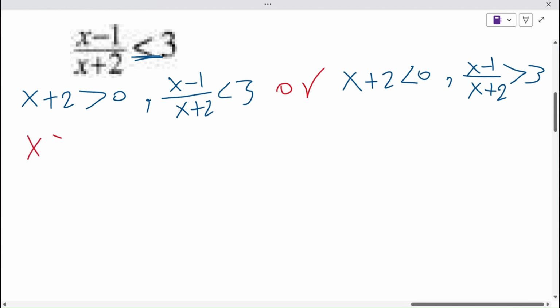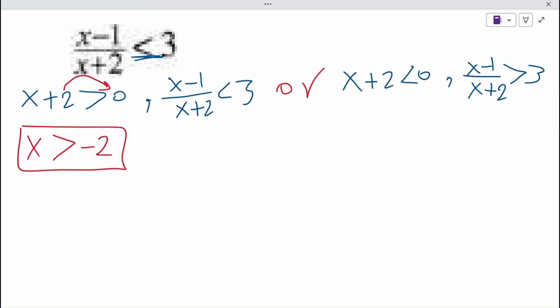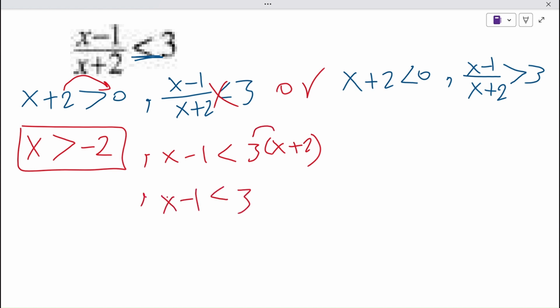This is the first one. What about the second one? Just multiply it like this. x minus 1 less than 3 times x plus 2. Then x minus 1 less than 3x, multiply this 3 into the brackets, 3x plus 3 times 2 is equal to 6.